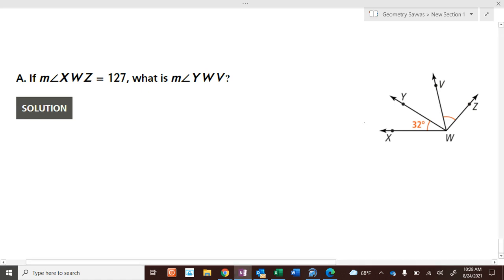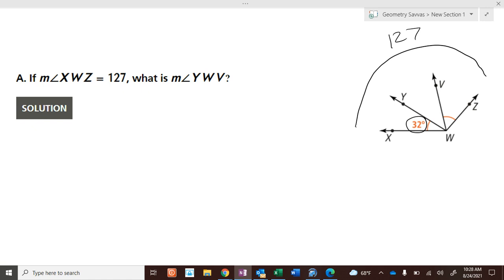Okay, XWZ, this whole thing here is 127. I know this is 32, because of this tick mark here, and this tick mark here. How big is this one right here? 32.